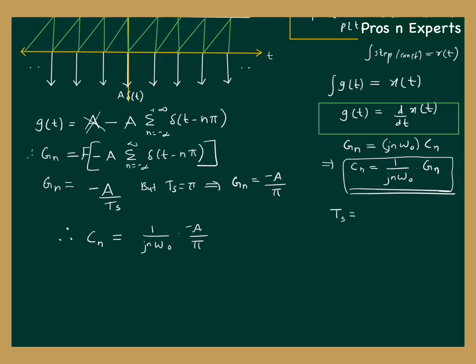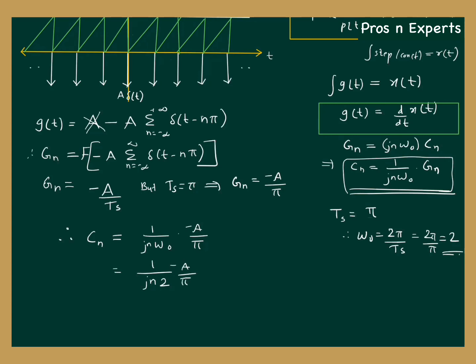We know Ts is equal to pi, right? Therefore, omega 0 equal to 2 pi by Ts, that is 2 pi by pi, equal to 2. So omega 0 equal to 2. So I can replace with 1 by jn into 2 into minus A by pi.